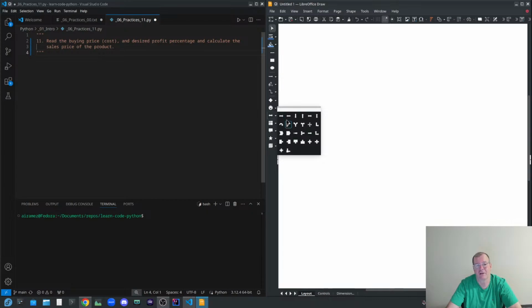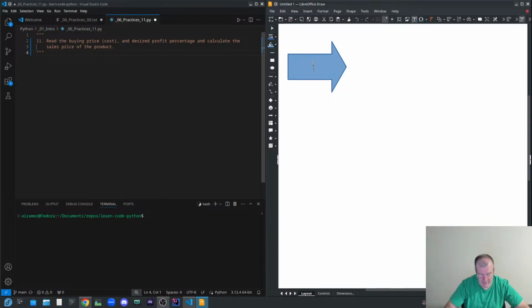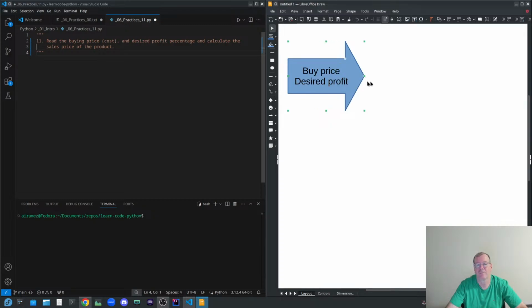Cool. So let's do the basic idea of data processing. We have the input here. What is our input? It is the buying price and the desired profit. Let me make it even bigger so we can see it. And let me do something like this.